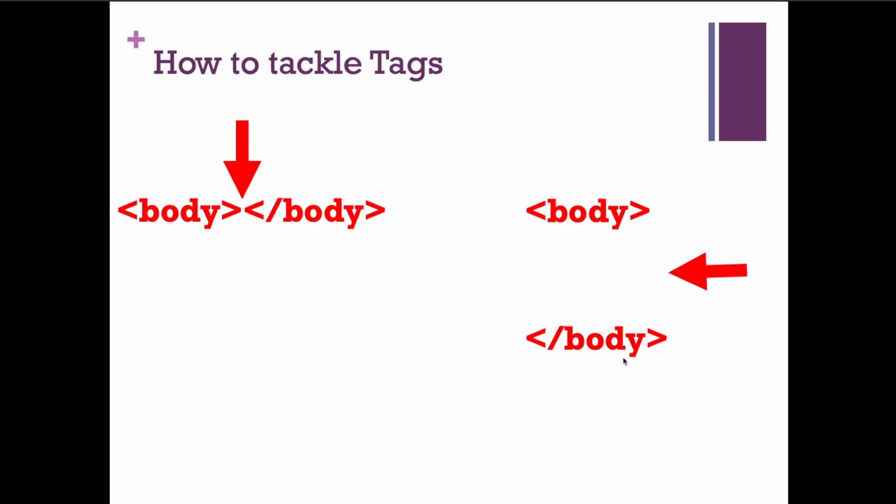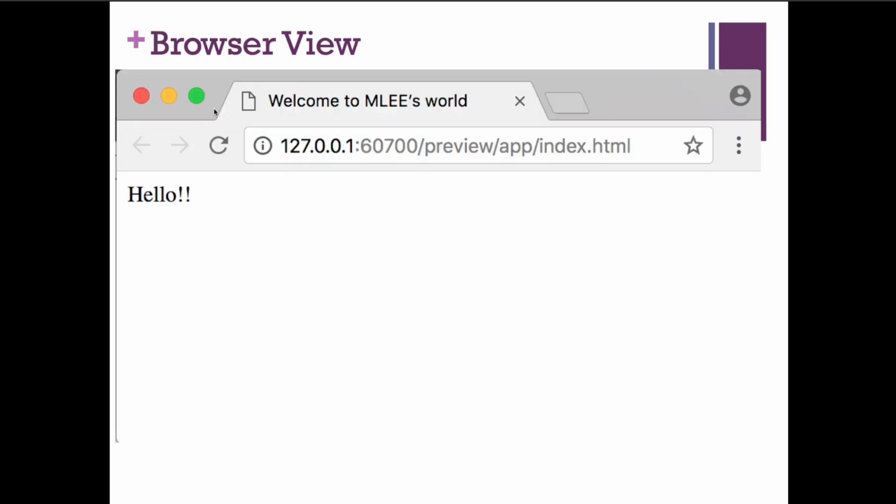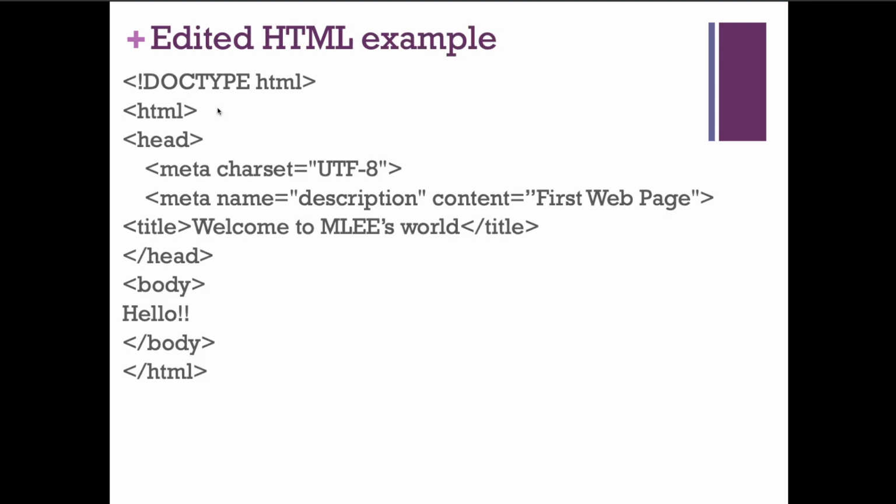So be careful. This is an edited HTML example, with doctype HTML and everything. In this particular case it was all blank, but now it's not blank anymore because there are two things. Metadata defines what kind of character. What do I mean by character?